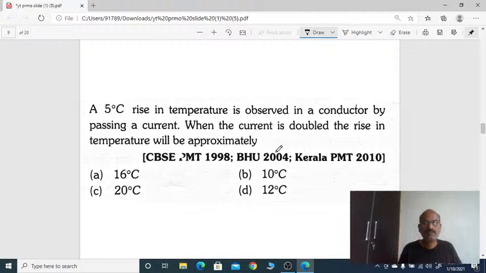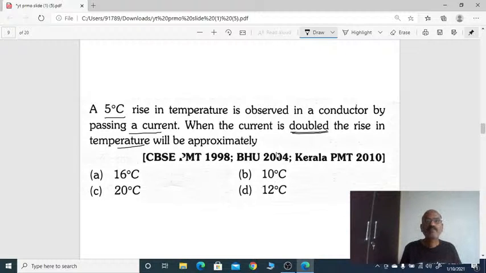A 5 degrees Celsius rise in temperature is observed in a conductor by passing a current. When the current is doubled, what will be the rise in temperature approximately? See, a very simple problem.